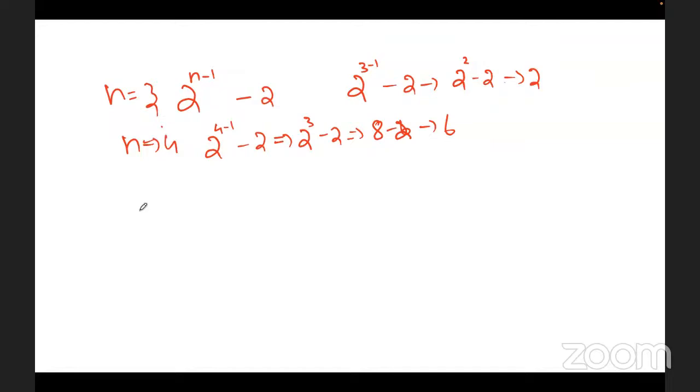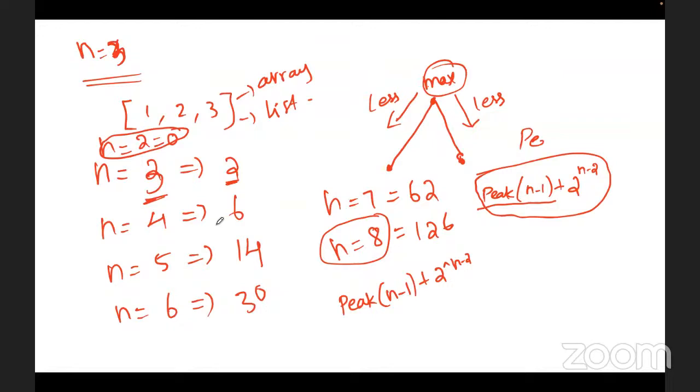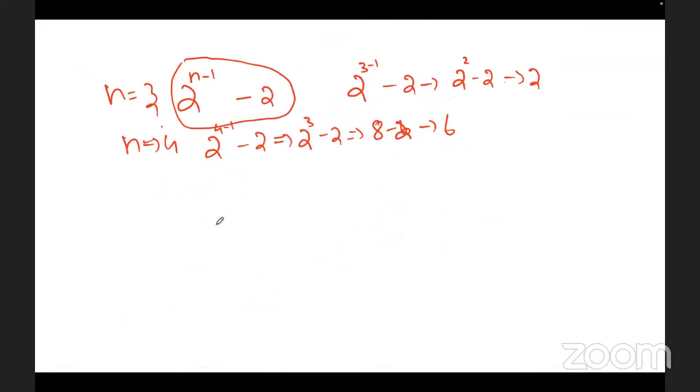You can give me any numbers. I don't need 2 power n once again. Instead, I'm going to take only 2 power n minus 1 minus 2 from your formula. Let's try it out for 8. So 8 is 126, right? Here the n value is 8. I'm going to take 2 power 8 minus 1 minus 2.